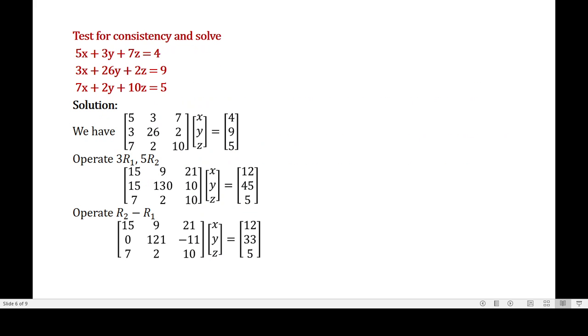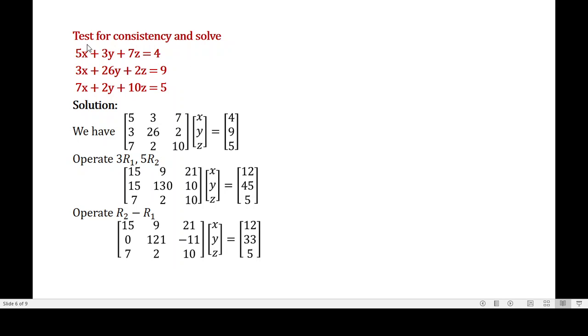Okay, now let us test for consistency and solve a system of linear equations. Let us find whether this system of equations is consistent. If it is consistent, find the values of x, y and z. Okay.